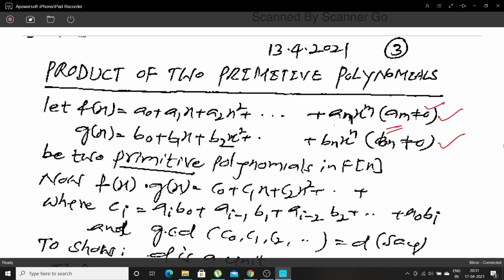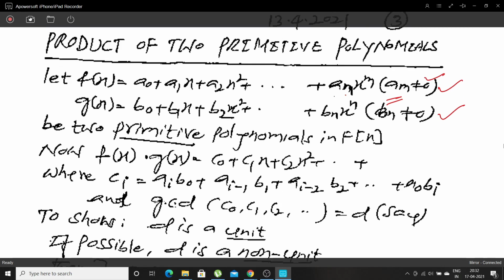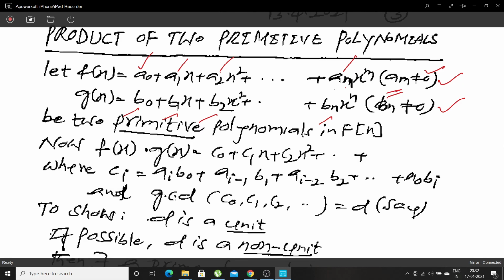That means the degree of this polynomial is m, and the degree of the second polynomial is n, because its coefficient b_n is not equal to 0. Both are primitive. Both are primitive means the GCD of a0, a1, a2, am is 1. GCD of b0, b1, b2 and bn is also 1. That means both are primitive.